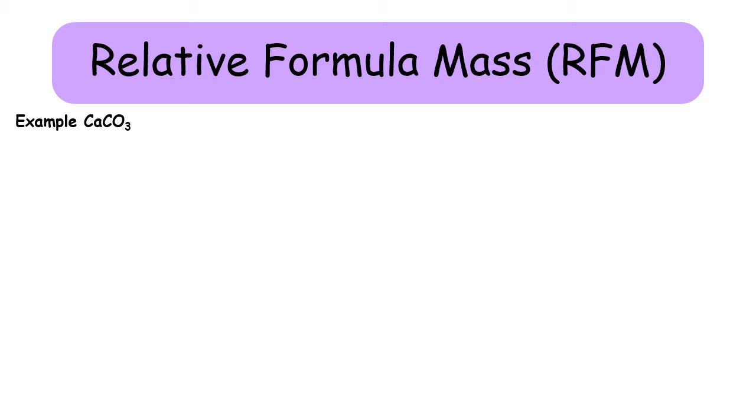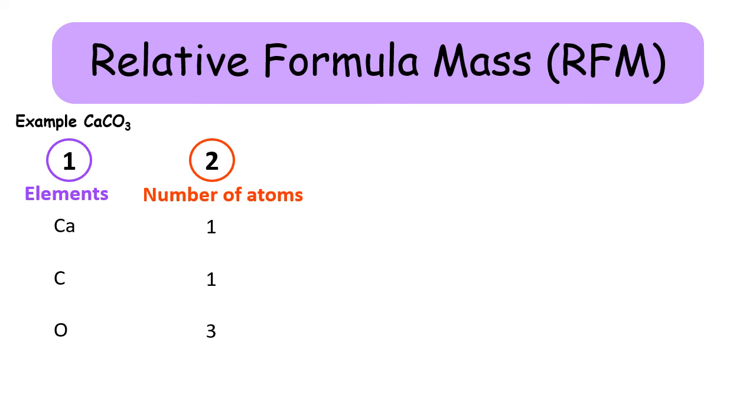A capital letter is a new element. So always look carefully at where we have capital letters. So Ca, C, and O. Ca, no number after it, which means there's one of it. C, no number after it, which means there's one of it. And a 3 after O, telling us we have 3 oxygens.